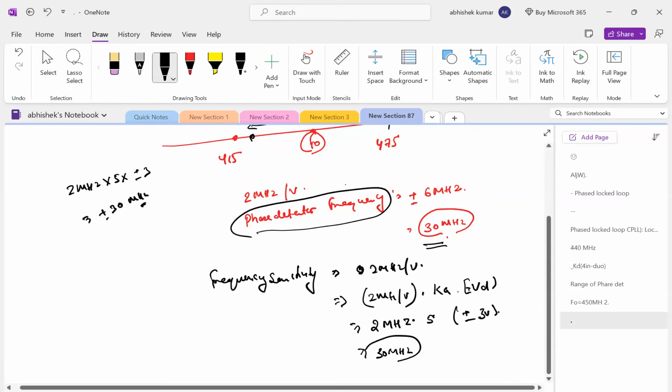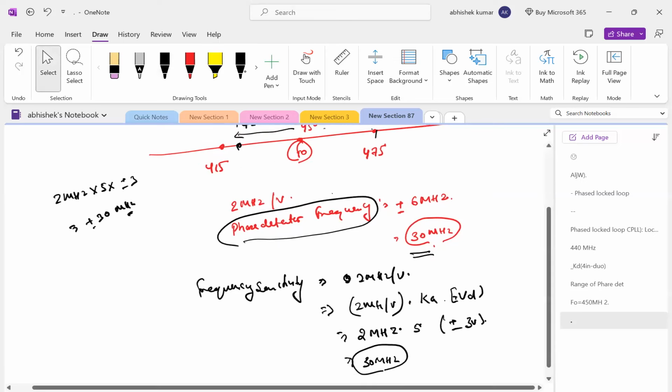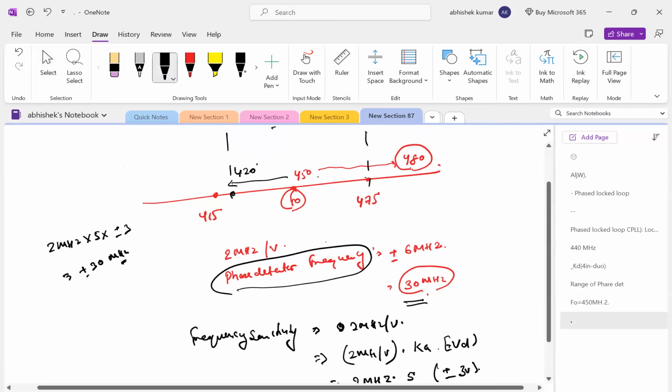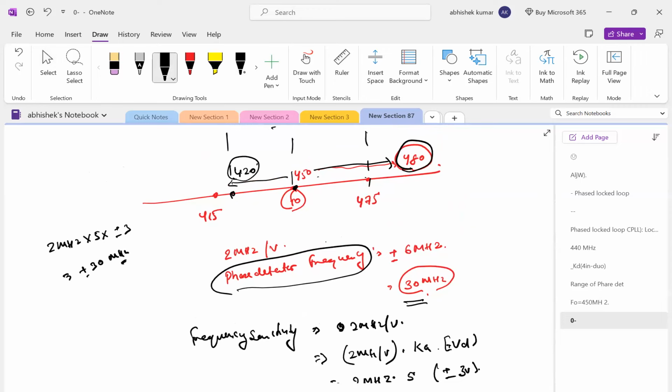So plus minus 30 megahertz, right? From F naught, you can deviate up to plus minus 30 megahertz, right or wrong? So you can deviate up to 420 and 480 megahertz, right? Yeah. But the frequency range is up to 475 only. See the question: the frequency range is from 415 to 475.